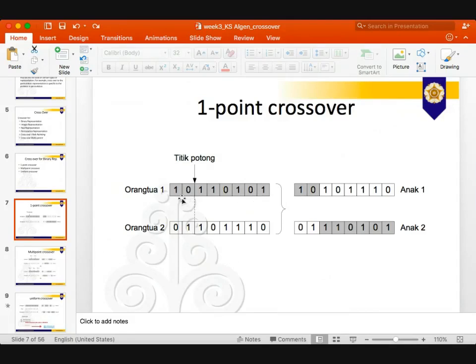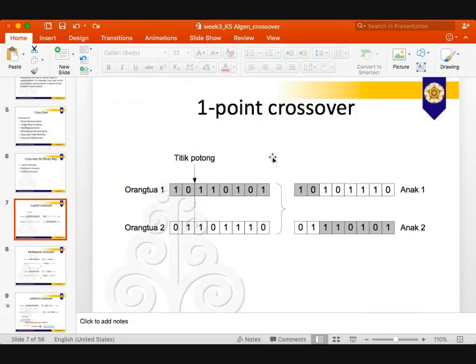For example, here, what is the chromosome size of this chromosome? The chromosome size is 1, 2, 3, 4, 5, 6, 7, 8. So for the chromosomes of the parents here, the first parent is X. The crossover point here must be 1, 2, 3, up to 7, it cannot be 8.